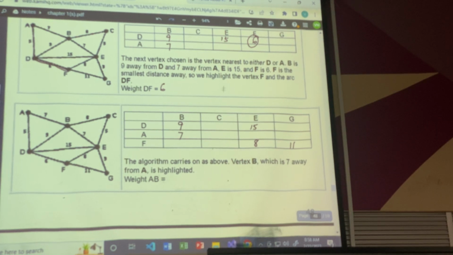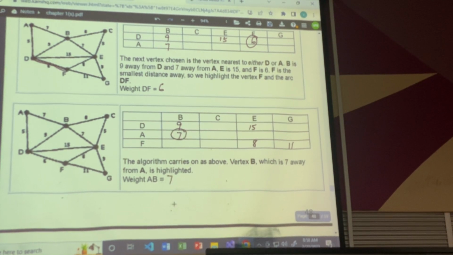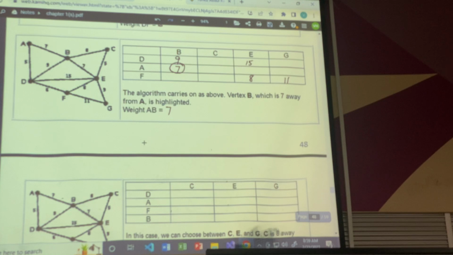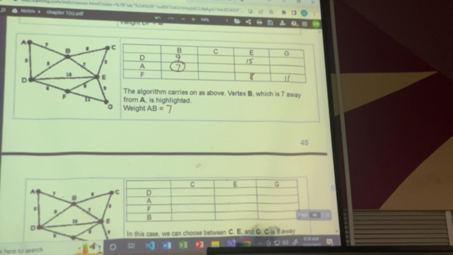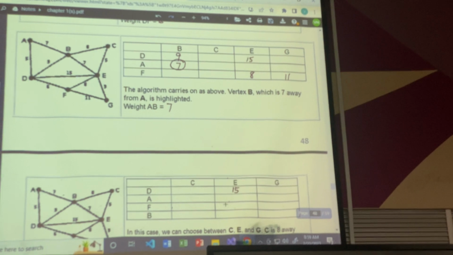Then from the 3 rows here, we will choose again which is the minimum weight. So we have this one, AB, which is 7. So in the next table, B will be the 4th row. Insert B as the 4th row and do the same again. Now B is no more in the column. So D to E only, here 15. A no more. F you still have E, which is 8.